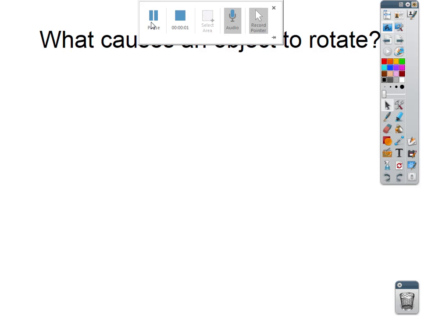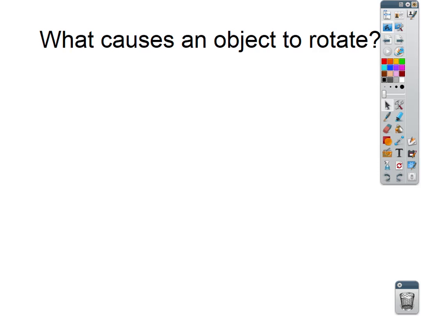Hi, this is Mr. Yeager, going into video number 2 on rotation, where I'm looking at the question: what causes an object to rotate? We're going to look at this scenario primarily through static equilibrium. We're not going to allow any rotation during this PowerPoint, but we're going to talk about what will cause a rotation.